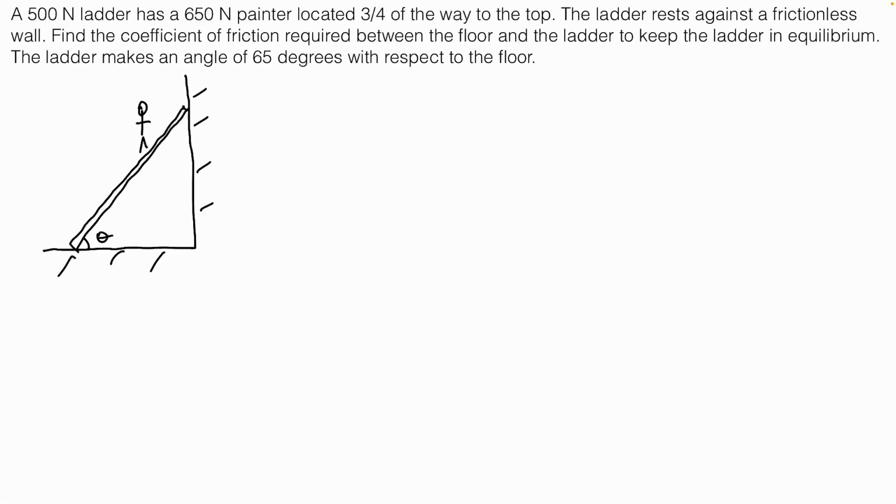This will be the object that is common to all objects. For example, the painter is not it because the painter is not in contact with the wall. It's not interacting with the wall, right? So we've got a wall, we've got the ground, we've got the painter, we've got the earth. What's the thing in this problem that is being influenced by all those things? It's the ladder, right? So Tuesday's problem was the horizontal beam, right?